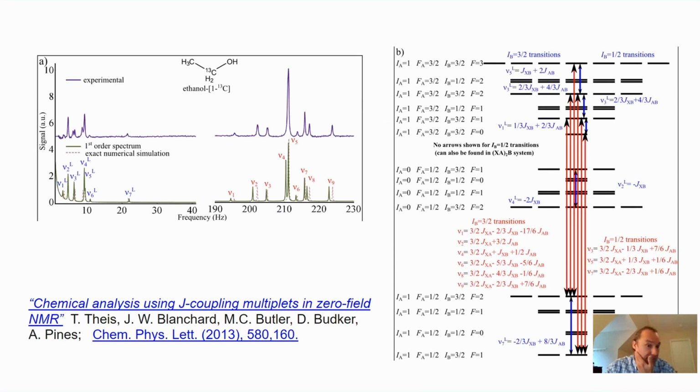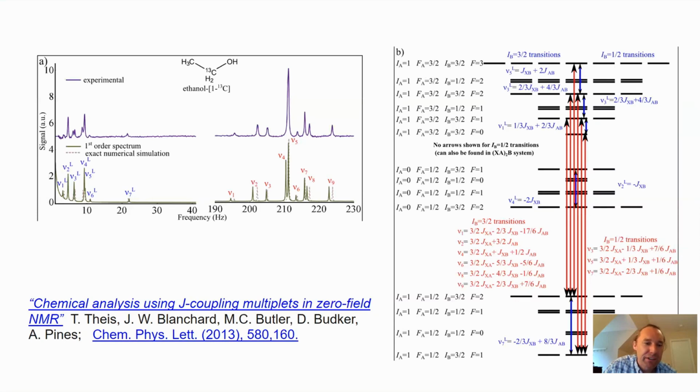So first, here is a much more detailed analysis, for example, for ethanol labeled at the 1 position with carbon 13. You can really dive very deep into these questions of how to add these additional angular momenta and then do perturbation theory.